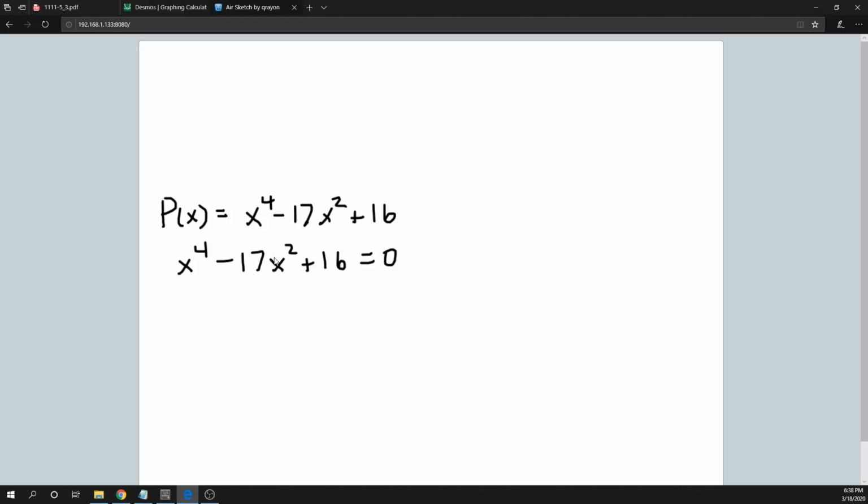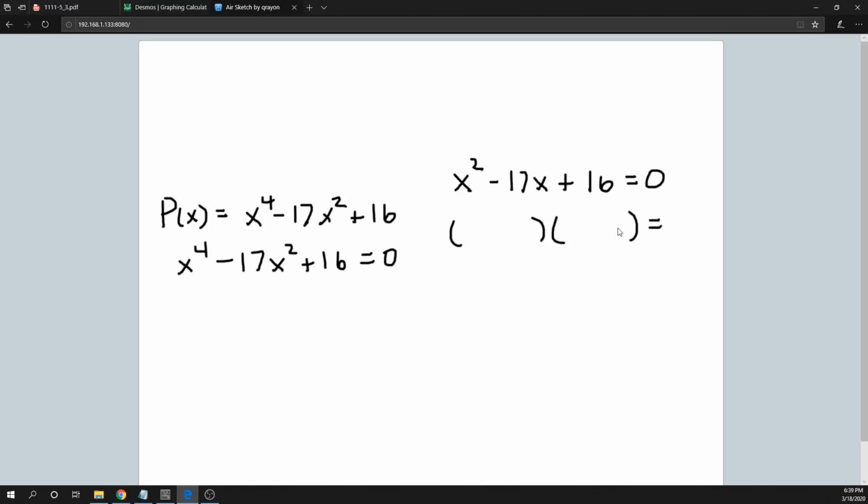That helps to be able to factor it, because what you can do, I'm just going to move over here to the side, is factor this just like you would factor x squared minus 17x plus 16 equals 0. So that's one that we have encountered before.